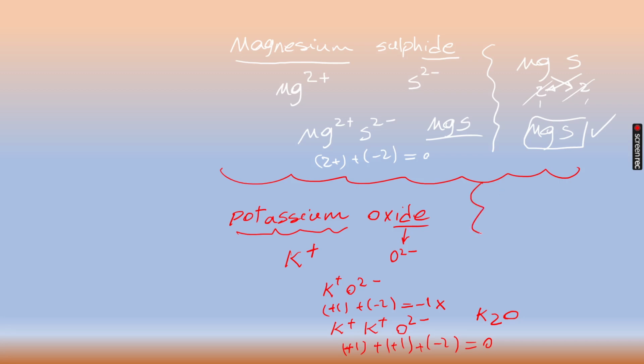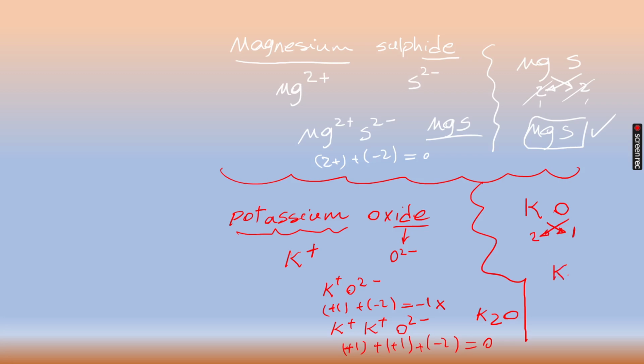And if you want to use the crossover method, we have to write the potassium oxide. Potassium should be K and the oxide should be O. The valency for the potassium should be 1 because it's in group 1, and the valency for the oxygen should be 2, gives 2 to the potassium.